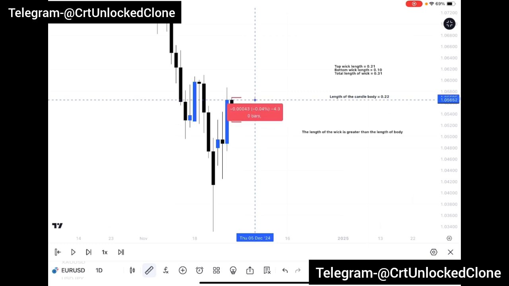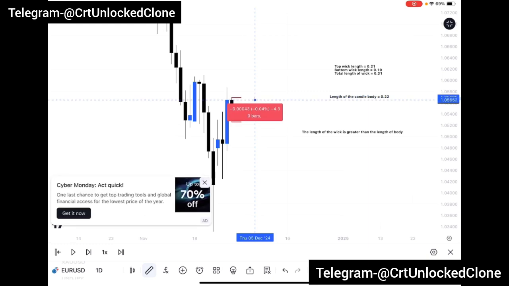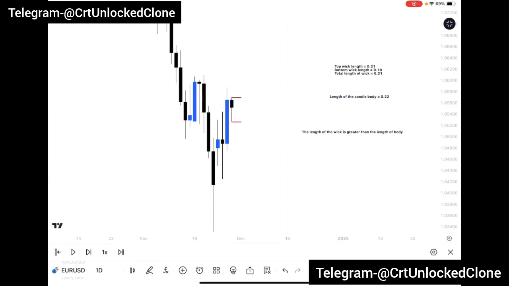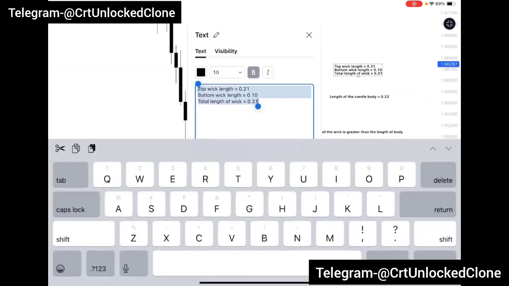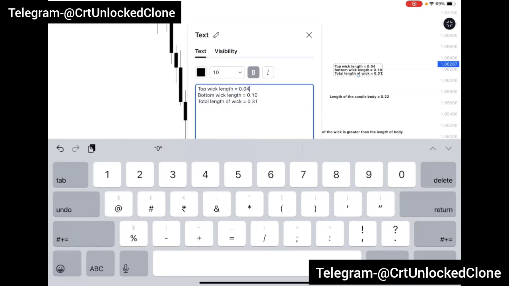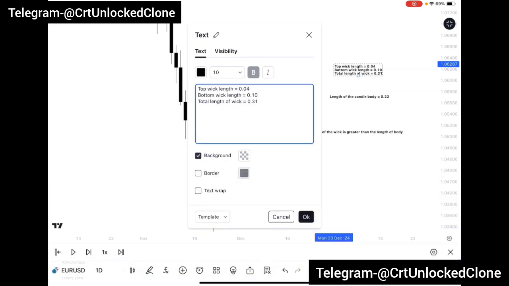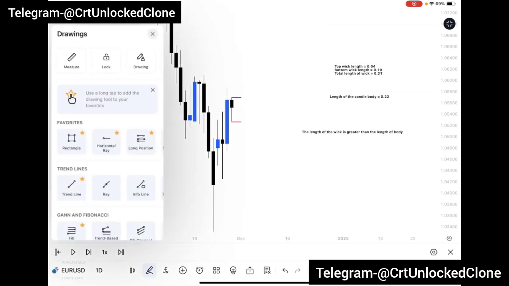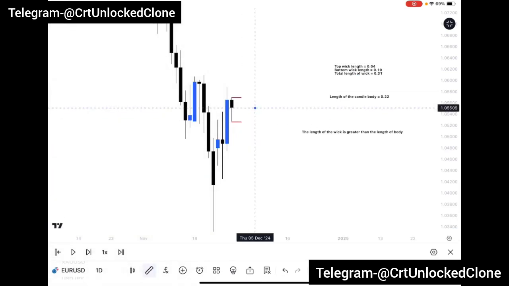By measuring the top, we got top wick length 0.04. Here, 0.04. And now just measure the bottom length of this wick.